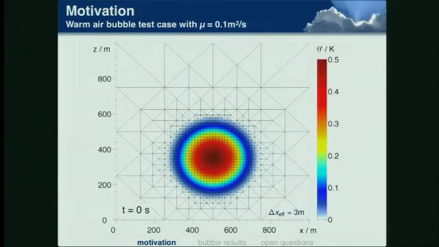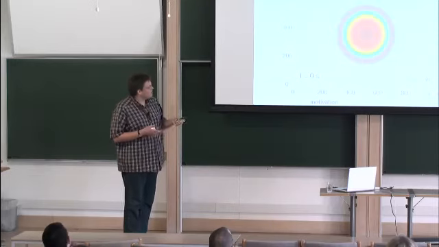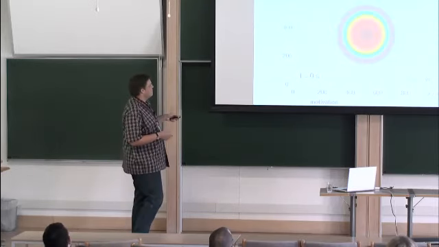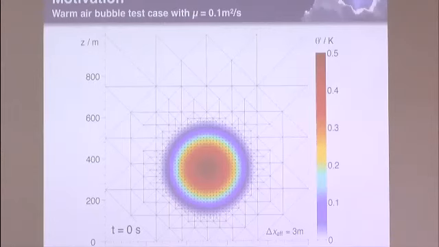The color shows the deviation of the potential temperature from the background state, and the black lines show the adaptively refined triangular mesh. Inside the warm-up bubble here, the resolution is everywhere about 3 meters, and the domain has a size of 1,000 times 1,000 meters.